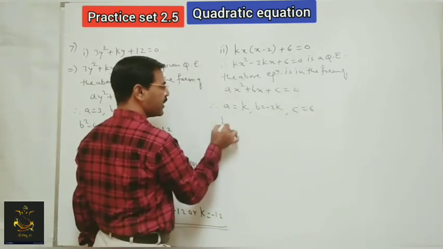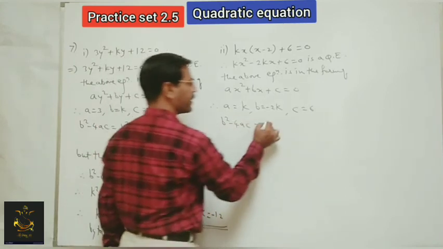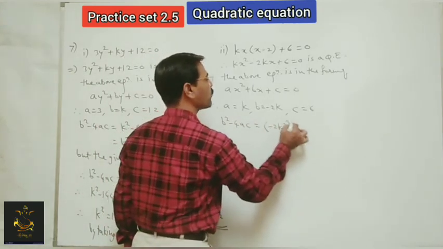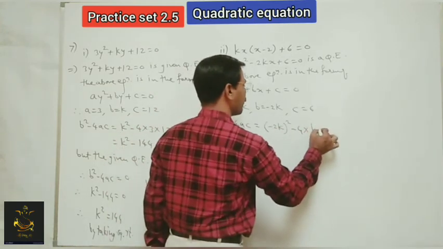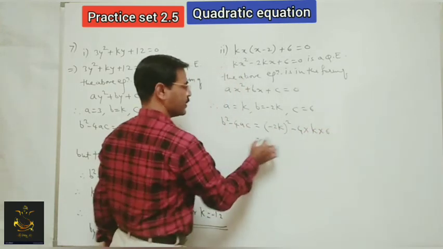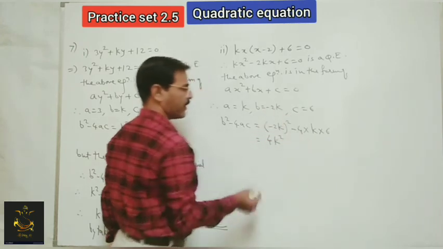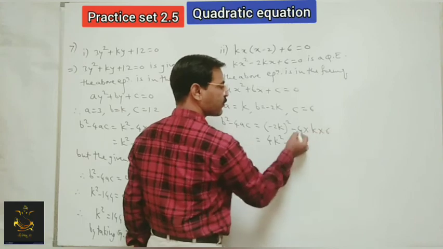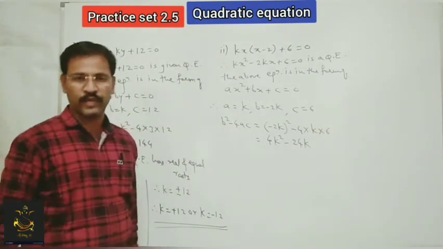We'll find here also the b square minus 4ac value. This is minus 2k square minus 4 into a for k here, and what about c? That is 6 here. So minus square is plus. 2 square 4, k square is k square. Minus, here 6 4s are 24k. This is b square minus 4ac.